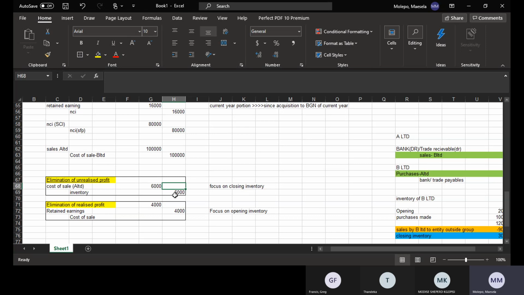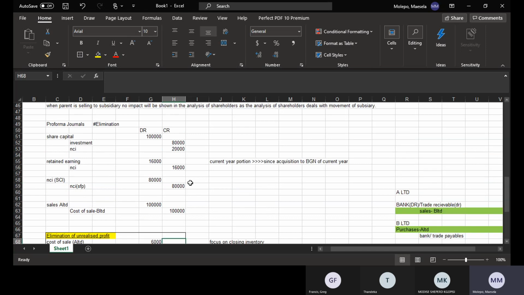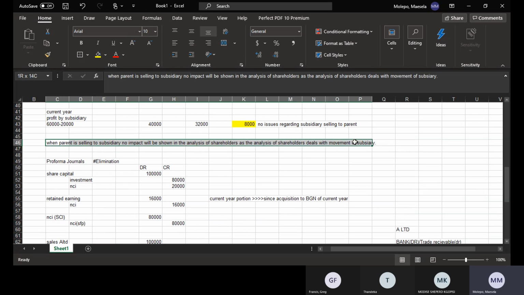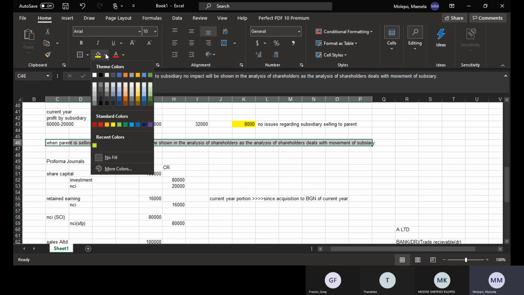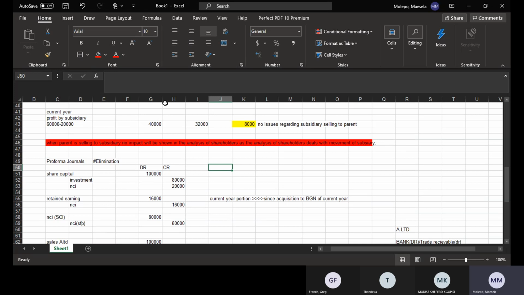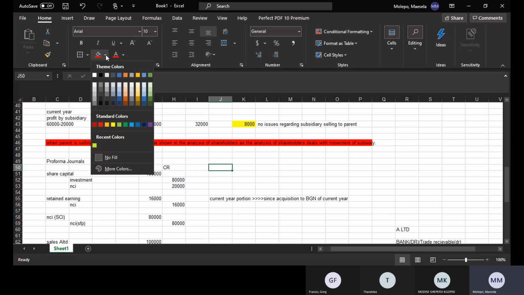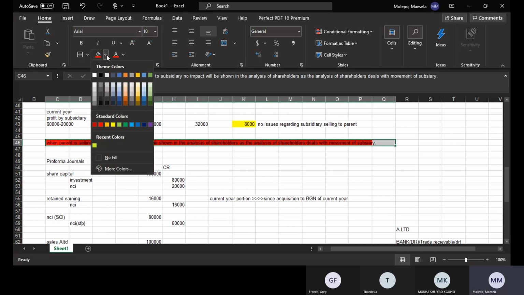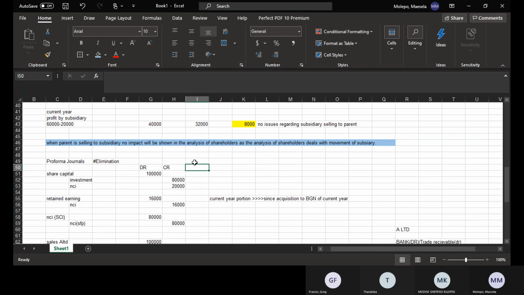So all in all, this was the situation where the parent sells inventories to a subsidiary. When the parent sells inventories to the subsidiary, there is not much impact on the analysis of shareholders, but more impact will be on the statements.